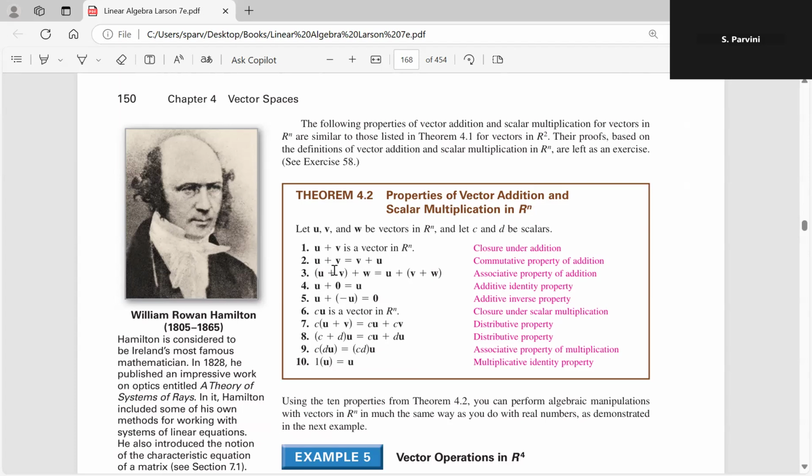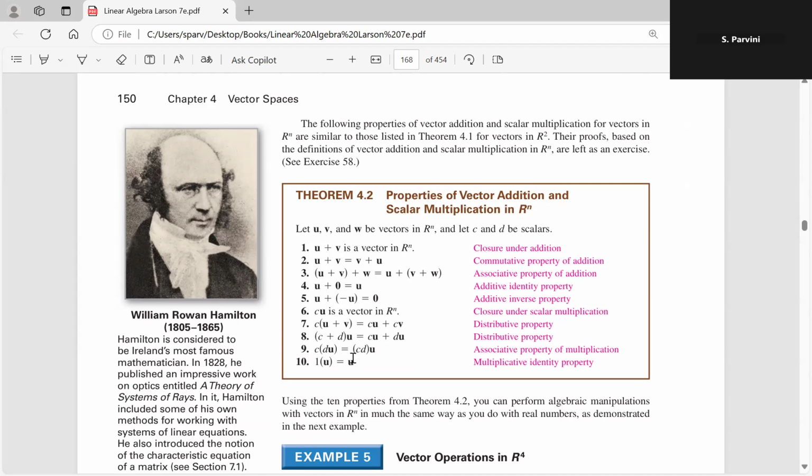The sum and the scalar multiplication, folks, they call these, quote unquote, standard operations in Rn. So we have two standard operations, addition and scalar multiplication.